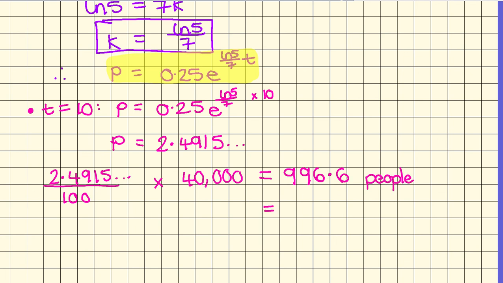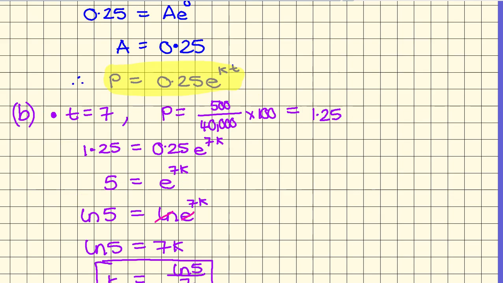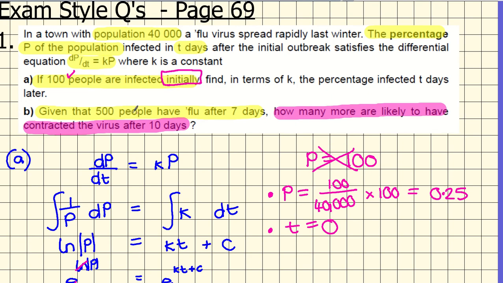But the thing is, you can't get 0.6 of a person here. And we're not going to round up, because you can't just make up 0.4 of a person. So we're going to round down for this. So it's 996 people infected after 10 days, but it was asking how many more, so just subtract that from 500.